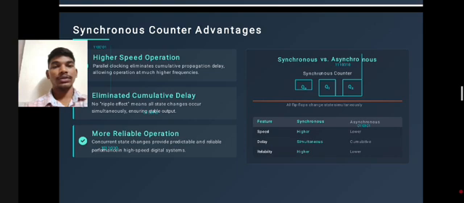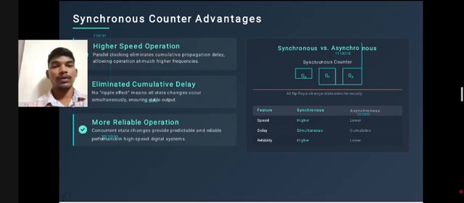Concurrent state changes provide predictable and reliable performance for high speed digital systems. Synchronous versus asynchronous counter features. Speed: higher versus lower. Delay: simultaneous versus cumulative.